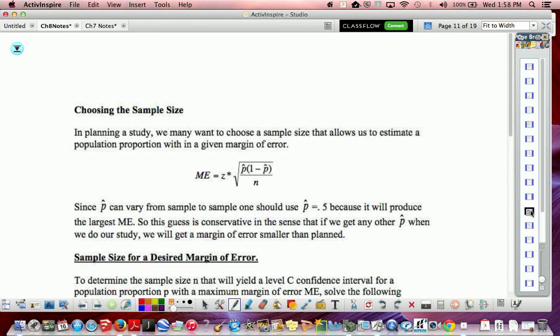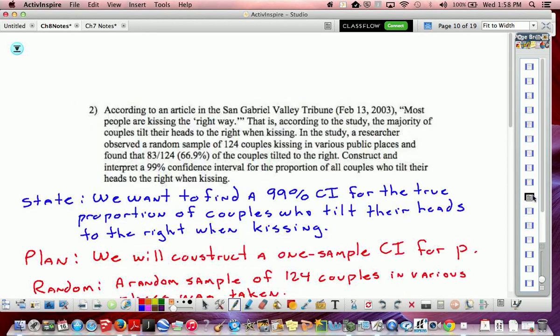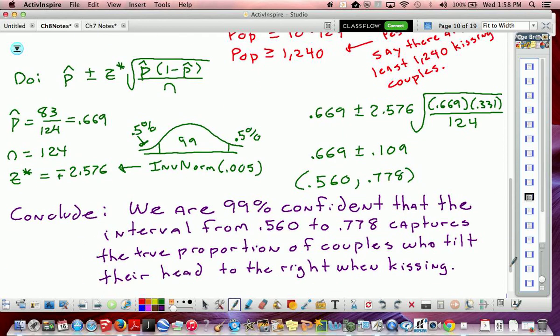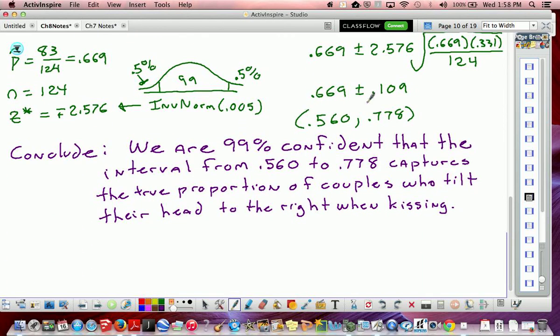Woohoo! So, now, one of the things that we and companies want to try to control is this margin of error. I'm just going to flip back to this last problem, because in this last problem, notice how the margin of error was almost 11%.